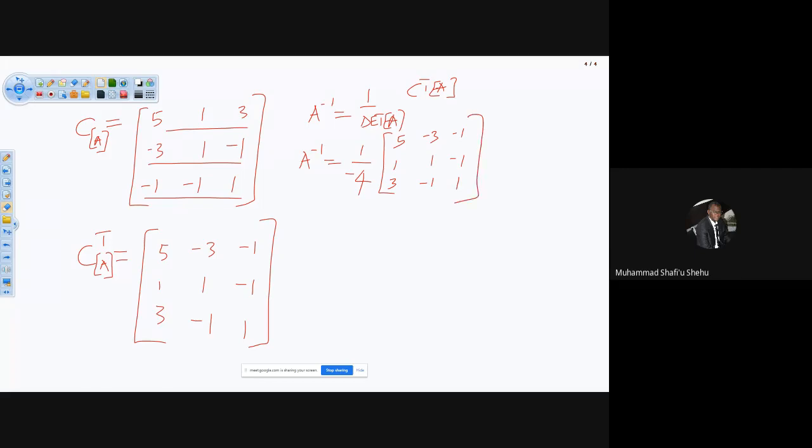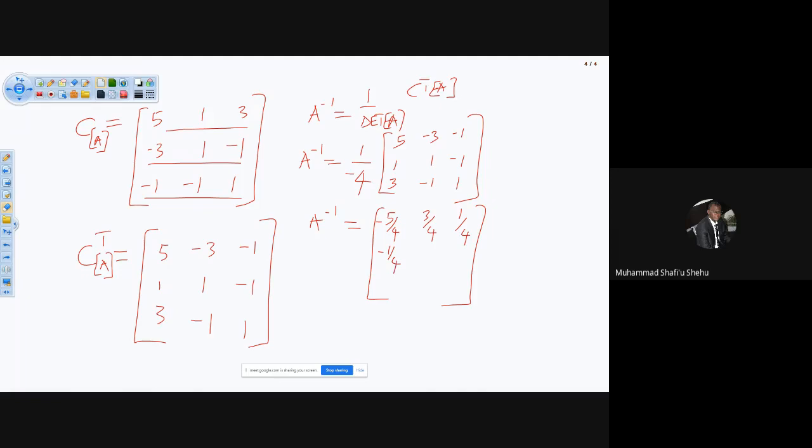We multiply. By multiplying, our A inverse becomes, we have 5 is going to be with the negative, with the minus 4, so minus 5 over 4, and here we have negative, negative with the positive 3 over 4, negative, negative with just 1 over 4. And the second row is going to be positive, negative, we're going to have negative 1 over 4.